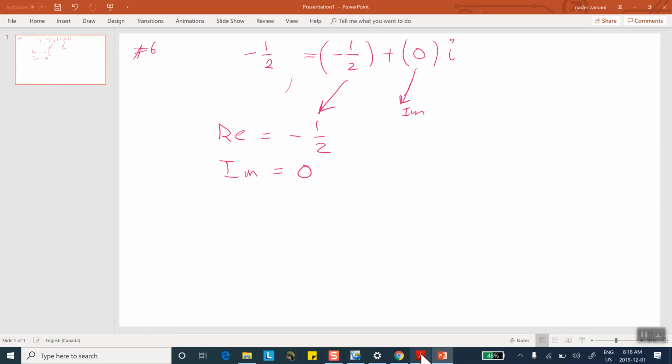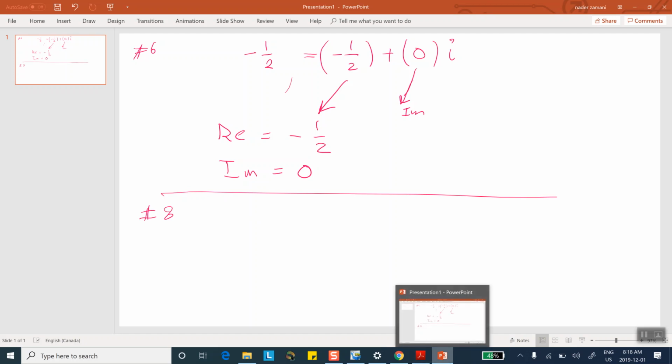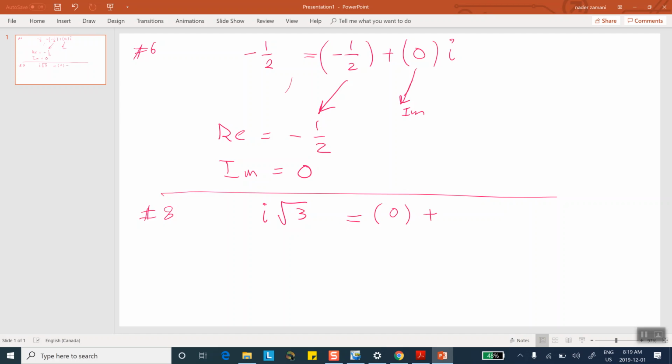Okay, let's do the next one. Number 8, which says I root 3. Notice that there is no real part here. In other words, we can always think about this thing as 0 plus root 3 times I. And therefore, this is the real part.